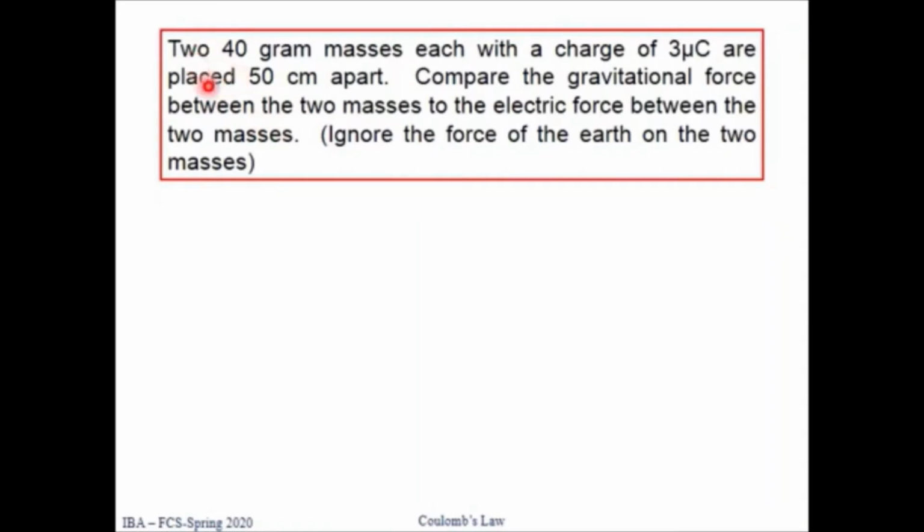If you look here, two 40-gram masses, each with a charge of 3 microcoulombs, are placed 50 centimeters apart. Compare the gravitational force between the two masses to the electric force. Ignore the force of the earth on the two masses.